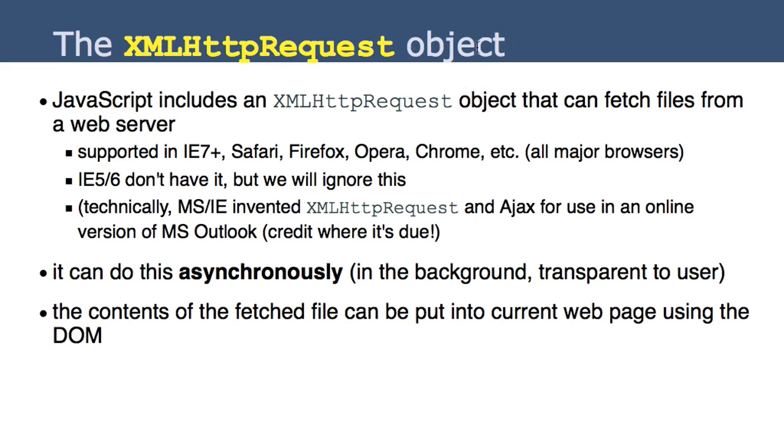It's since been expanded in use to not just XML, but also JSON and plain text, and also regular HTML to be injected into the page. But at the time that this object was created, they were like, oh, well, we'll just use it for XML.